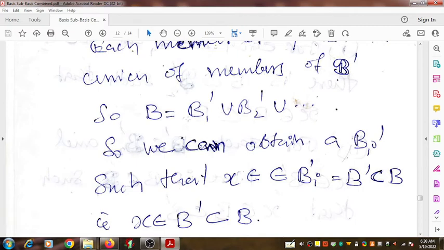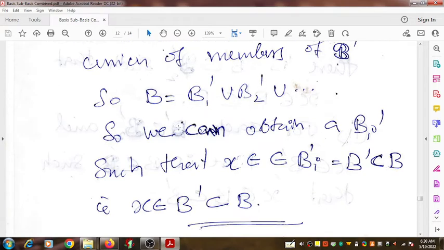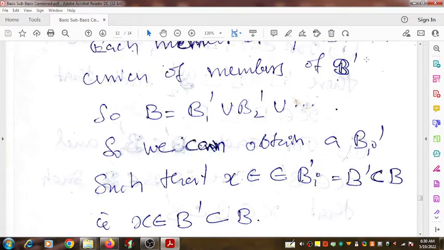So B can be equal to B1 prime union B2 prime union etc., and these B1 prime, B2 prime, B3 prime etc. are members of script B prime, the second basis.